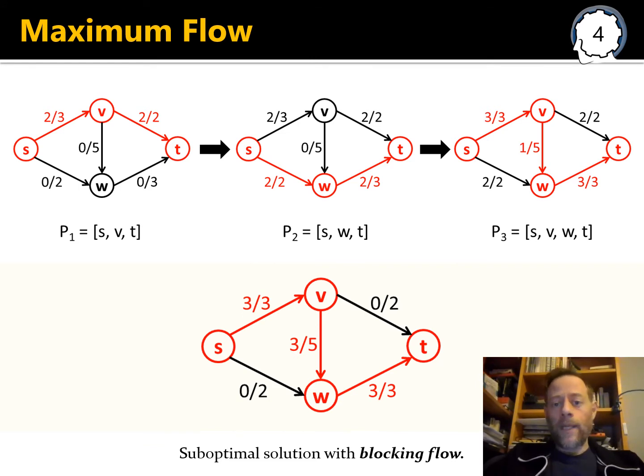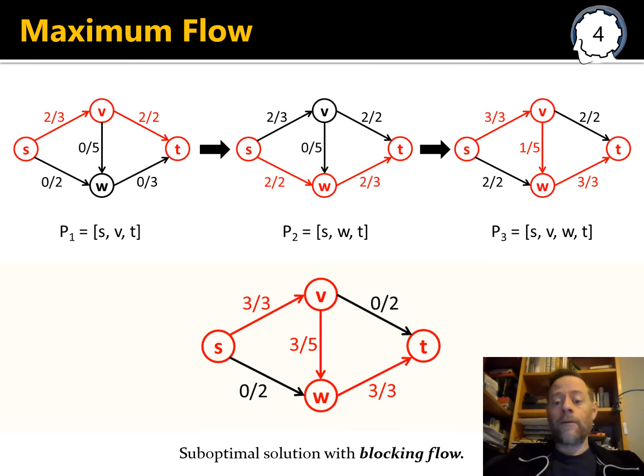In the bottom, we can see an alternative flow, which is called a blocking flow, because here we push 3 through s to v, then push this 3 down to w, and then from w to t. We see that the edges between s and v and between w and t are both saturated, so it's not possible to push any more through those.